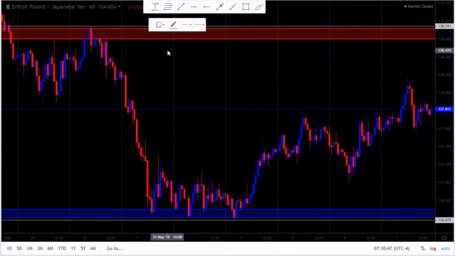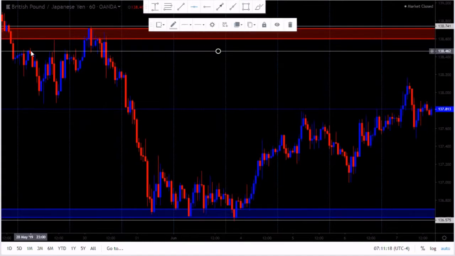What I look for is an area that has been touched at least 2 times. If I'm looking at a zone, I tend to go for consolidation areas or where price is kind of jumbled up. That's where I start, closest to one of the zones. So if we look right in here, we're just going to place a line, and then we can adjust it accordingly.